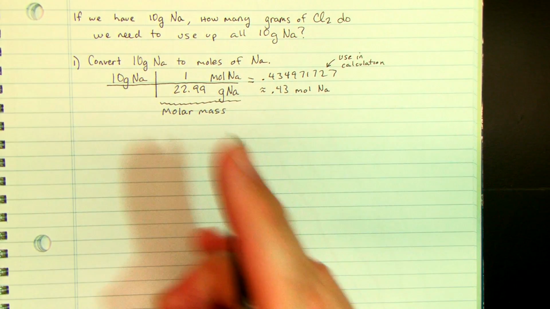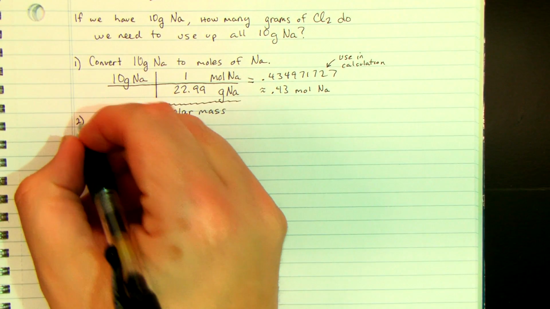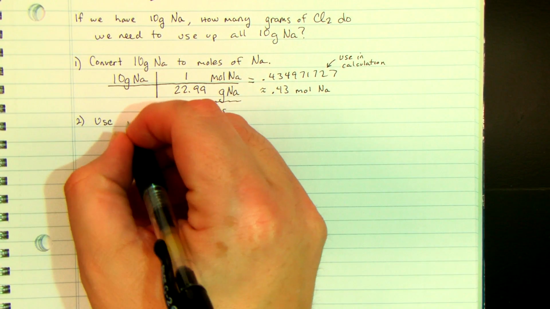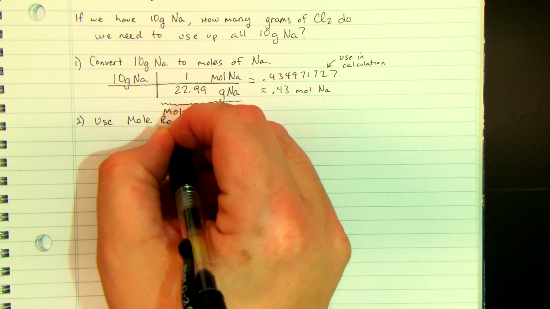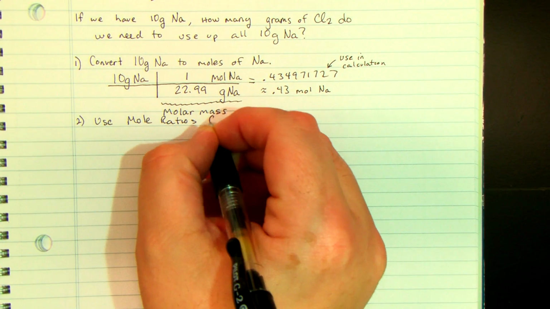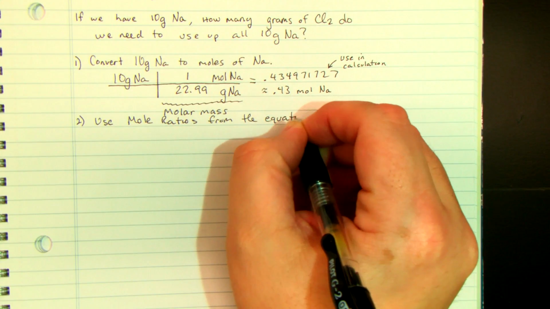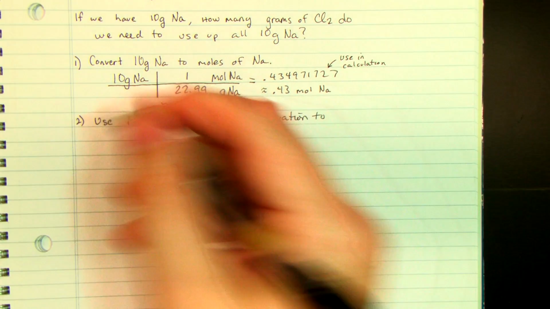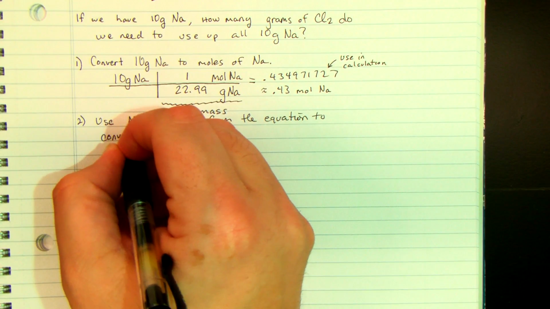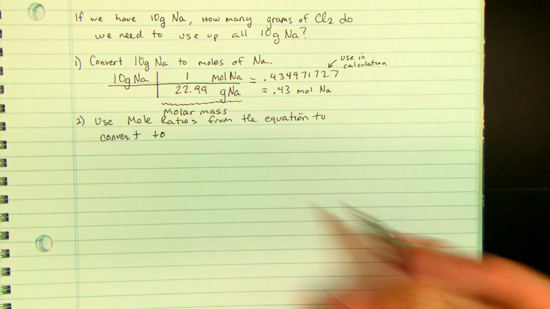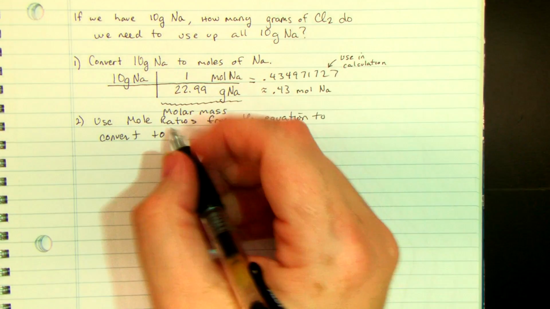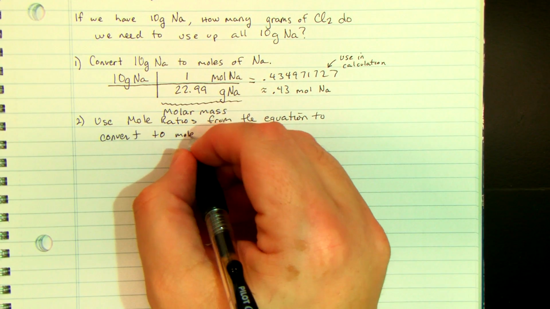Now, step 2. We're going to use the mole ratios from the equation to convert to moles of Cl2.